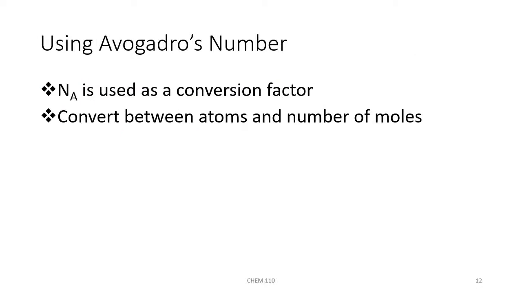And when we use Avogadro's number, we're going to use it much like a molar mass. It's going to be used as a conversion factor. But this time, we're going to be converting between atoms or particles and the number of moles in a substance.